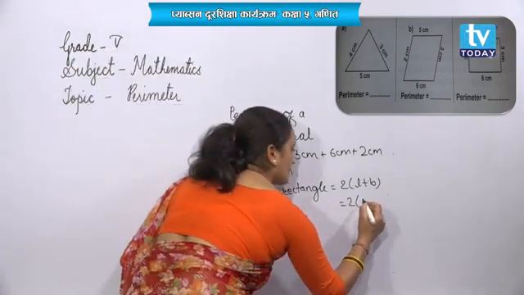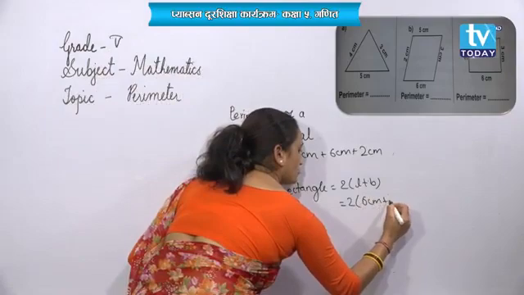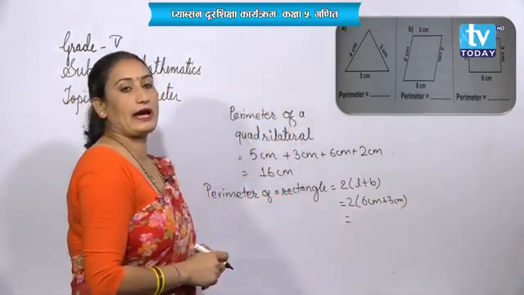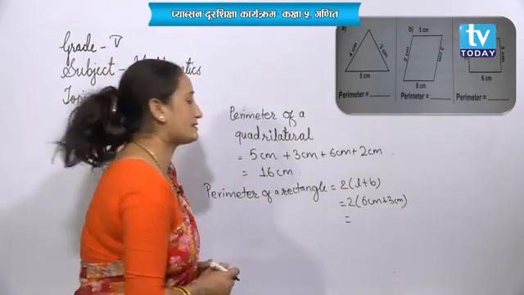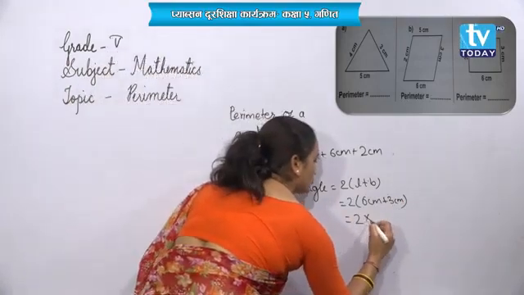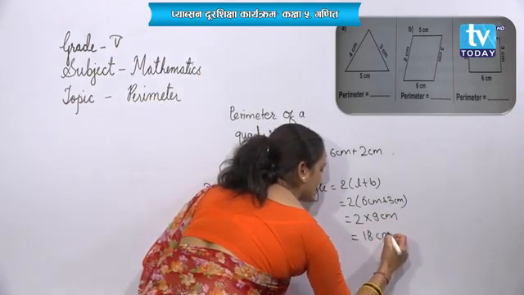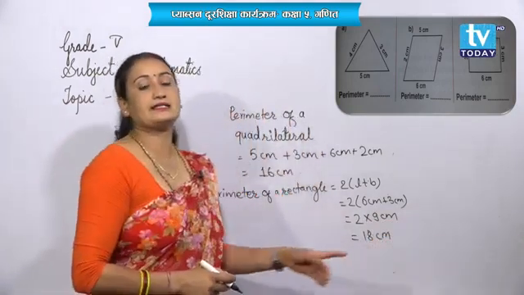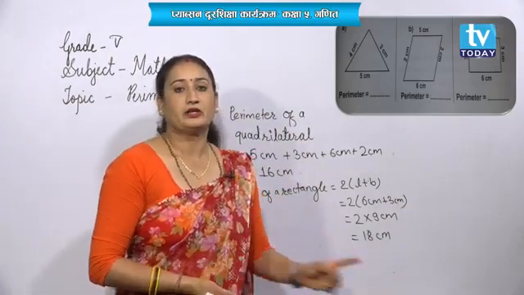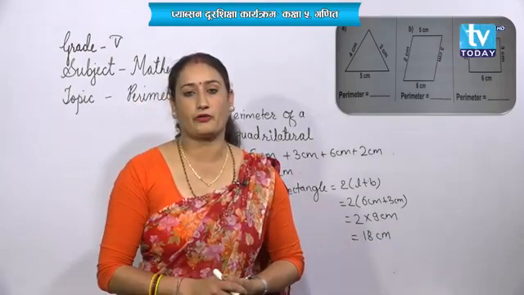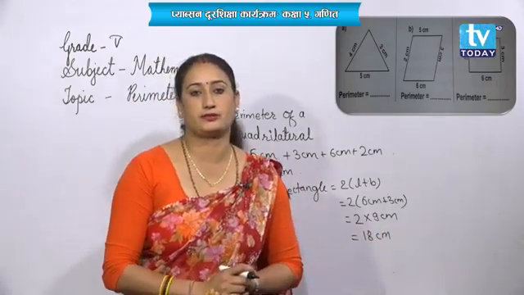So write down 6 cm plus 3 cm. 6 and 3 cm, when we add it, it becomes 9 cm. Let's multiply with 2. The total is 18 cm. You have to write the unit also. Please don't forget the unit while writing the answer.